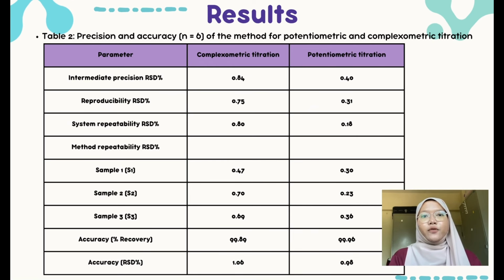These values fall within the acceptable range of 95 to 105% for volumetric methods. In terms of accuracy RSD, complexometric had 1.06%, while potentiometric showed 0.98%, both still within the acceptable limit. Thus, both methods demonstrate high precision and accuracy, making them suitable for determining zinc pyrithione content in shampoo samples.